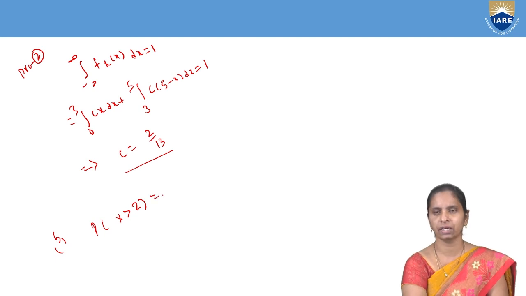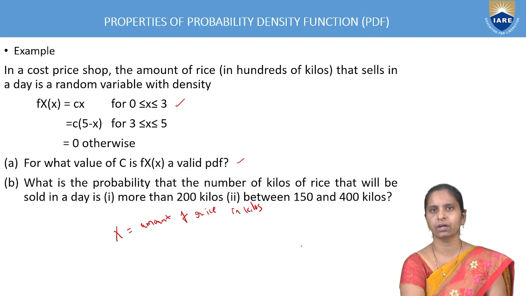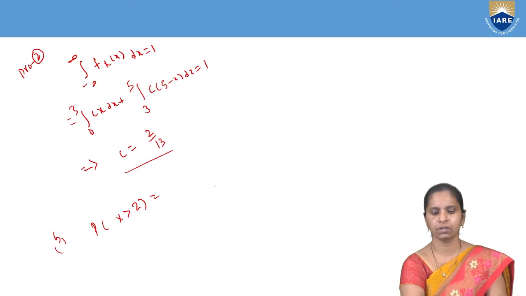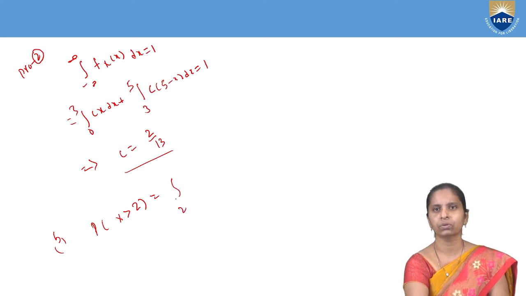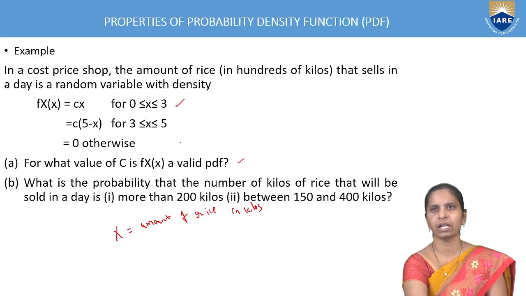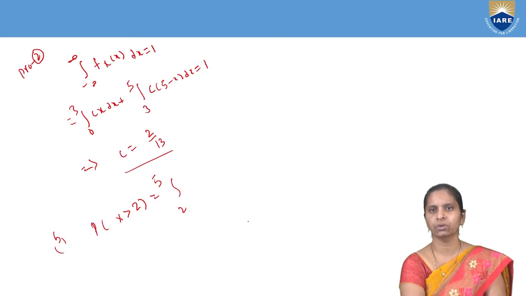So P(x greater than 2) means from 2 to infinity. But my maximum value of x is defined only up to 5. That's why I am taking from 2 to 5.